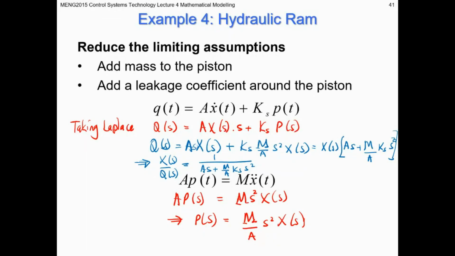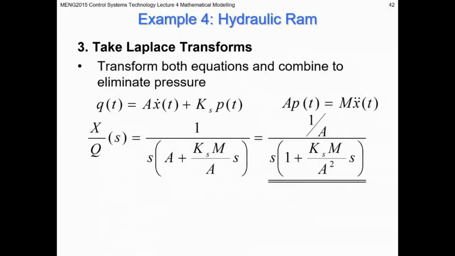So that's our x upon Q. It's showing a little bit more neatly here. All we've done is divide by A.